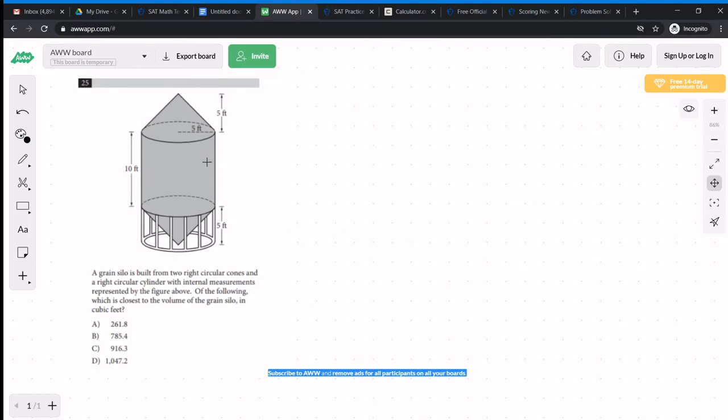So let's try and figure out the volume of the center cylinder first. We looked at the last problem, the volume of a cylinder equals pi r squared h. We can see that the radius is 5 and the height is 10, so the volume of the cylinder right here is going to be 25, 5 squared is 25, times 10.